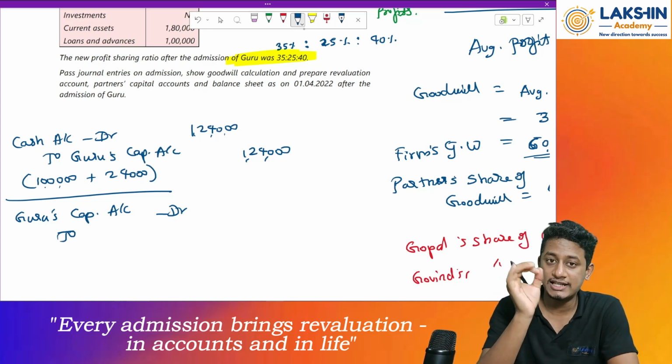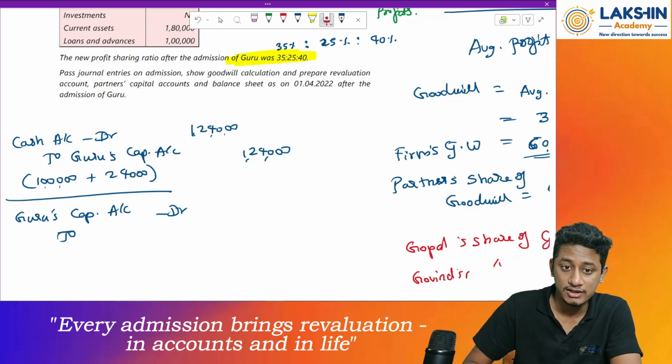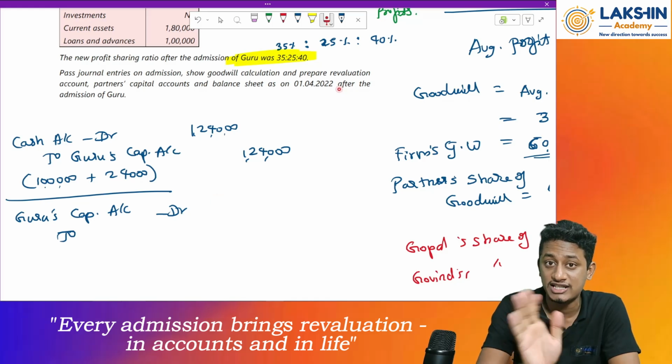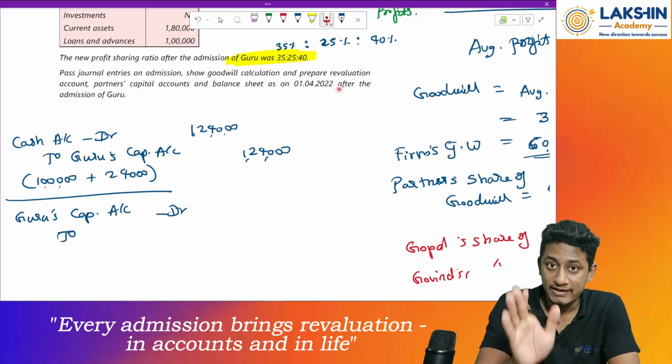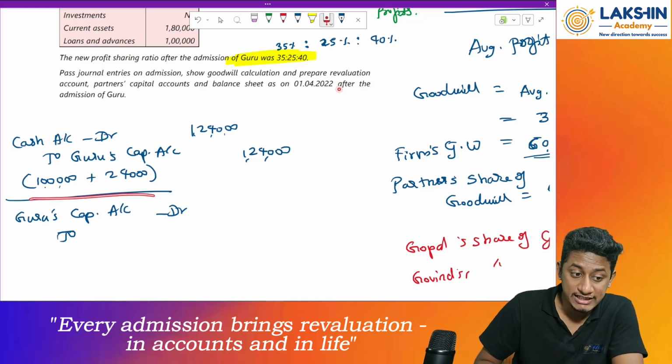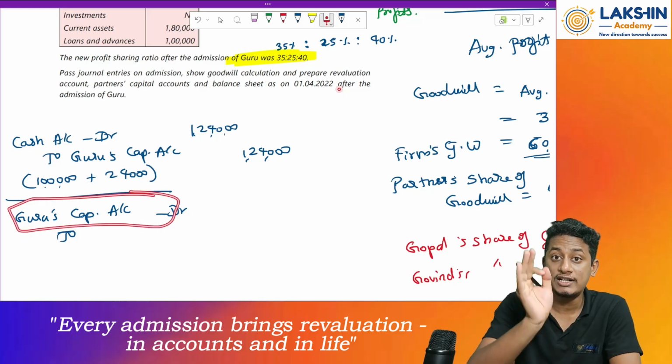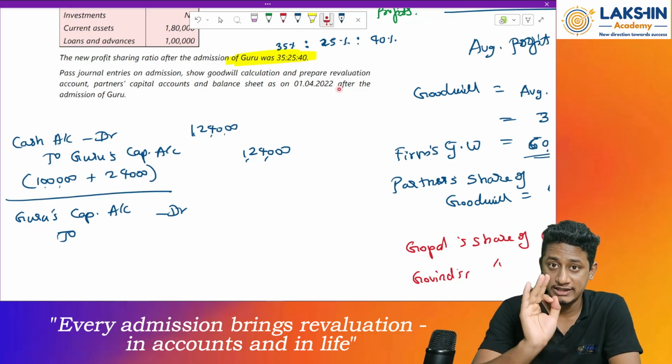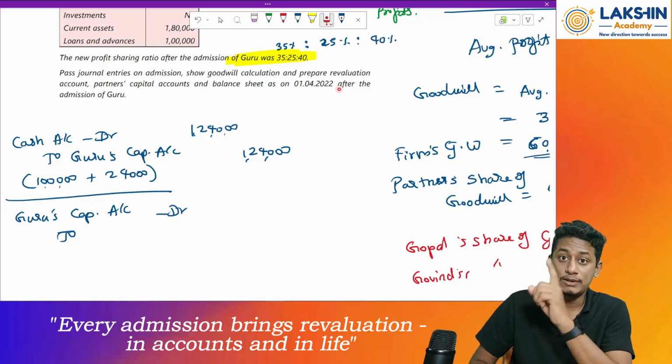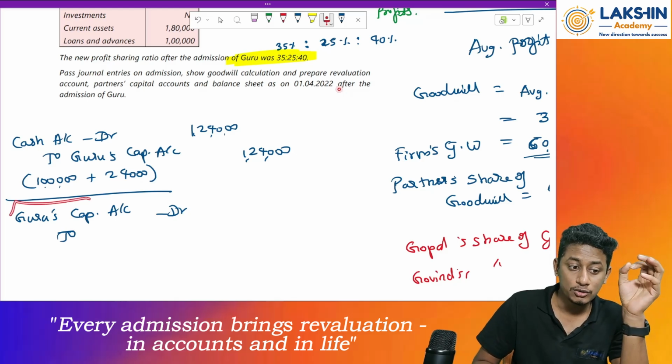See, one thing I just got into my mind. Whenever I say gaining partner to sacrificing partner, that does not mean that Guru is giving goodwill to someone. That's not a gain or a sacrifice over here. Whenever I say gain, that means who is gaining with respect to profit sharing ratio. Please do not get confused that Guru is sacrificing goodwill.